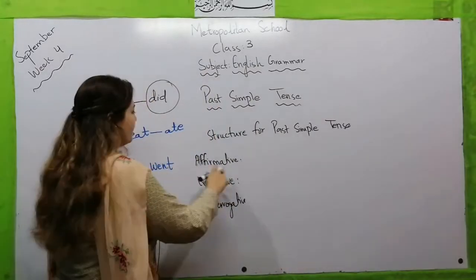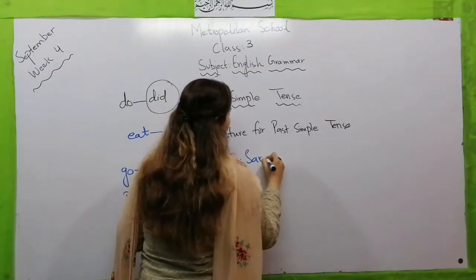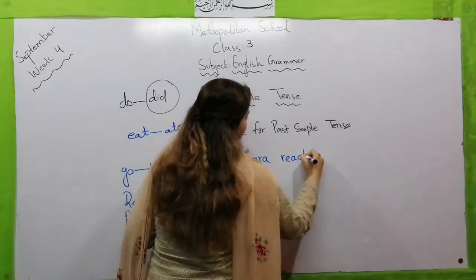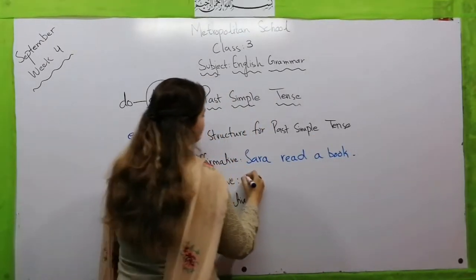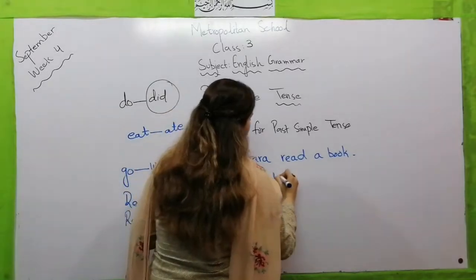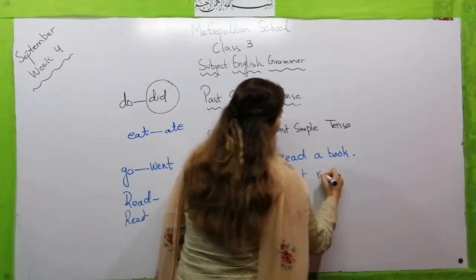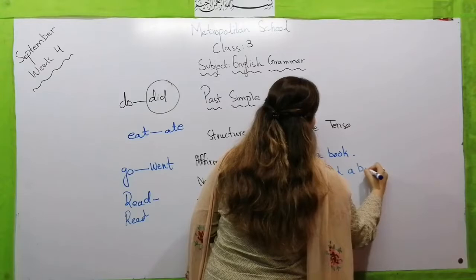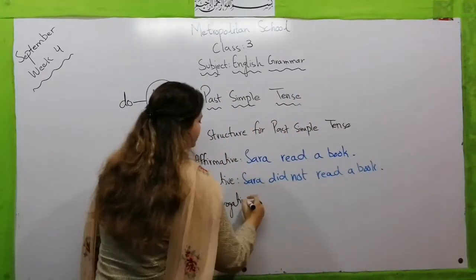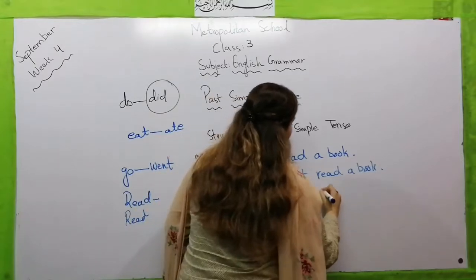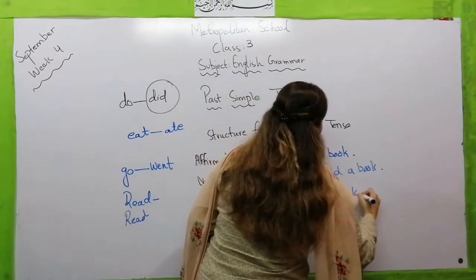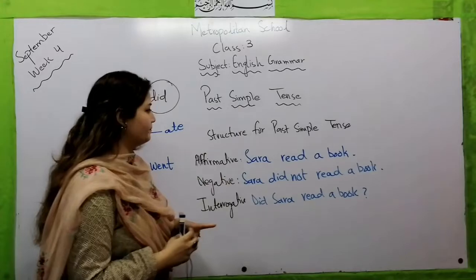So here we are going to write Sarah read a book, and for the negative, Sarah did not read a book, and for the interrogative, did Sarah read a book, and then a question mark.